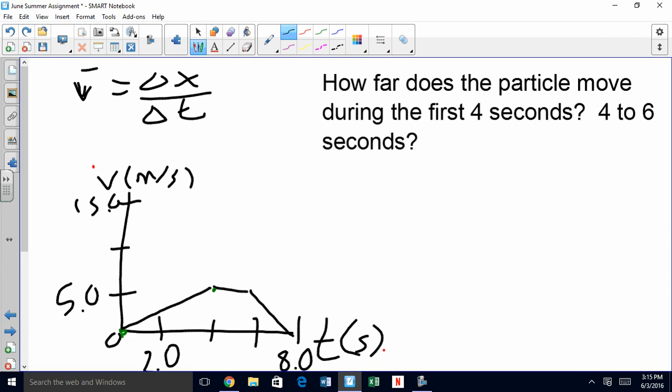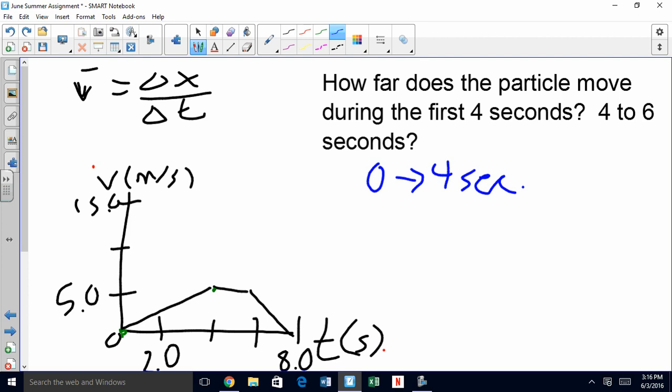Again, that means average velocity is change in position divided by change in time. It asks us, how far does the particle move during the first 4 seconds? Okay, well, I already know delta t is 4, so let's do that part. So we're doing from 0 to 4 seconds.